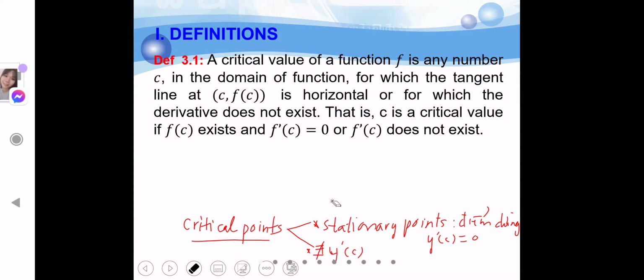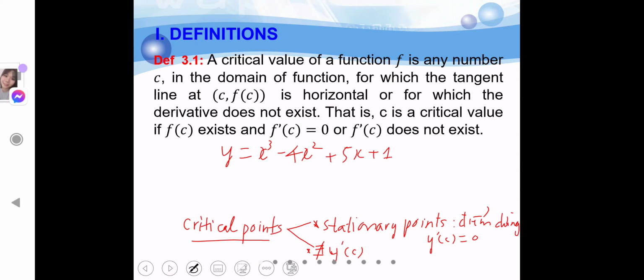If y equals x cubed minus 4x squared plus 5x plus 1.